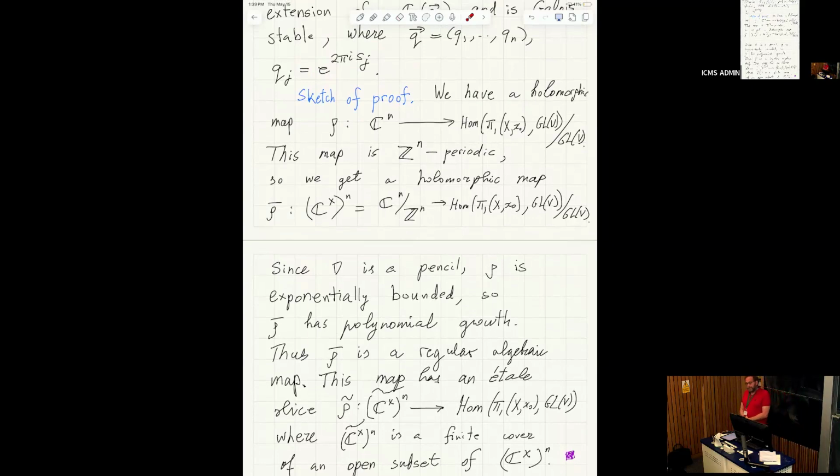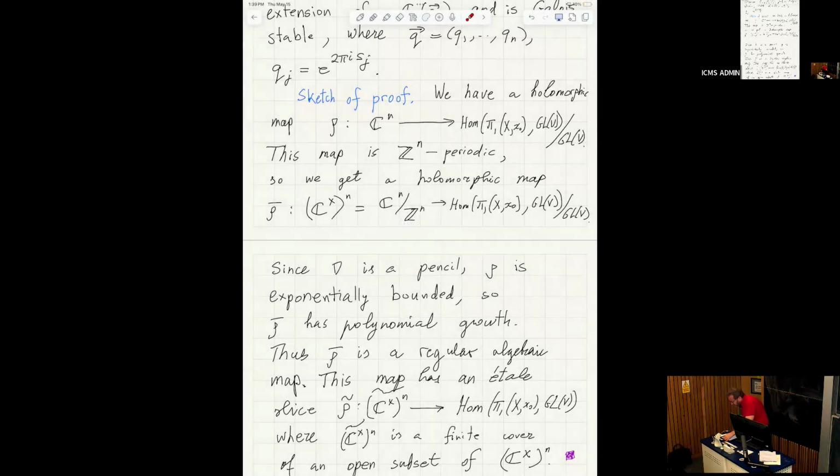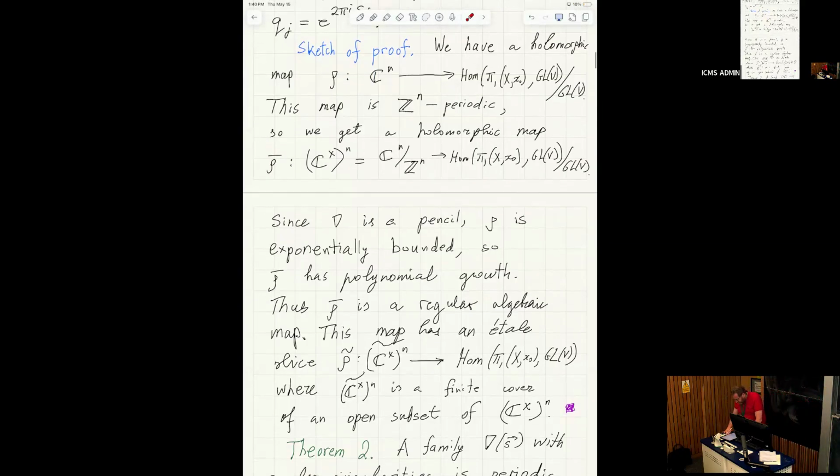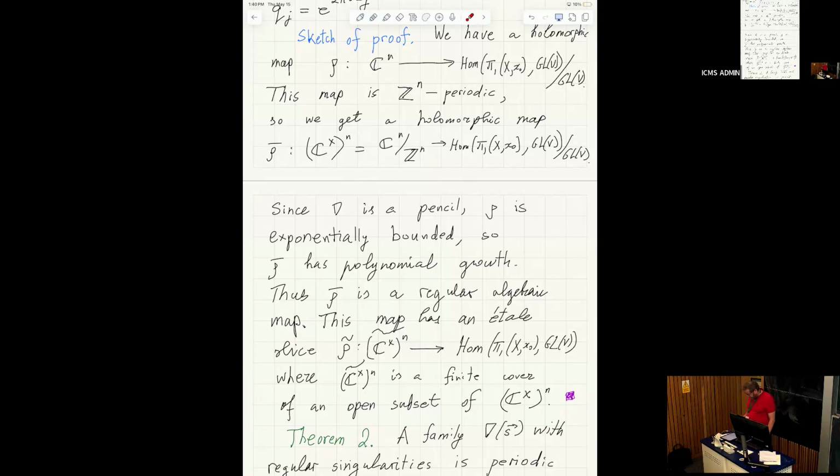For this, I need to make this extension, because in algebraic geometry, if I have a map from a scheme S to a quotient X mod G, this doesn't mean that I can lift it to a map from S to X, but I can lift it after taking a finite cover of S. And that's exactly what the Étale slice theorem says, and that's exactly what I need to prove this theorem.